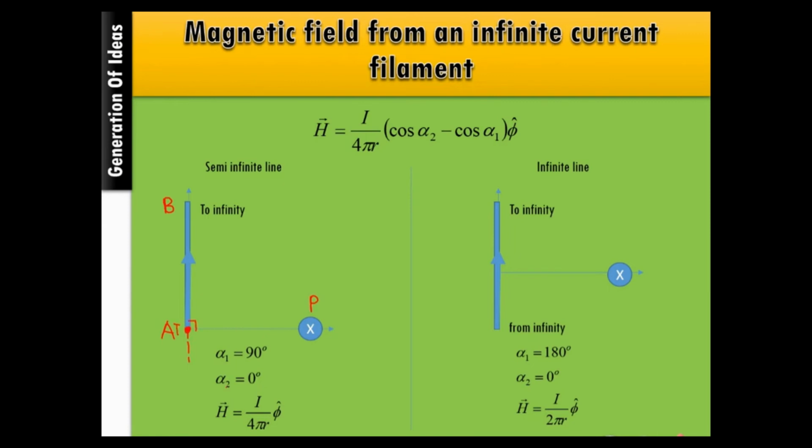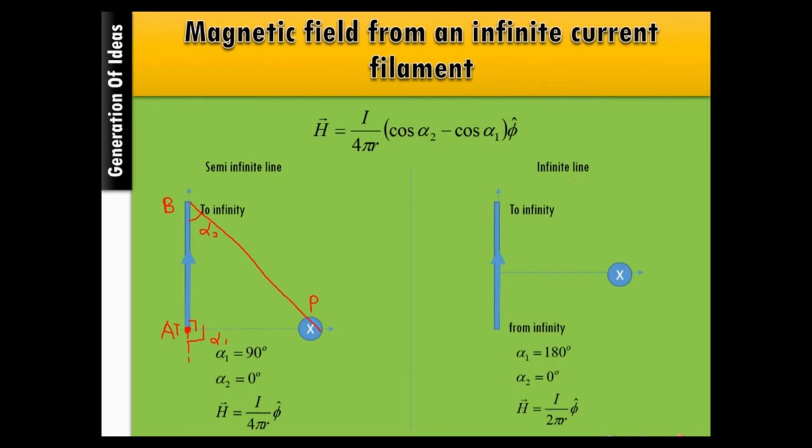This is 90 degrees, so this angle will be alpha 1. It is 90 degrees because this line terminates at infinity. This is alpha 2. When it moves further away, alpha 2 becomes smaller and smaller, and at the end it approximates to 0. When you replace 90 degrees over here and 0 over here, the whole equation can be simplified into this.